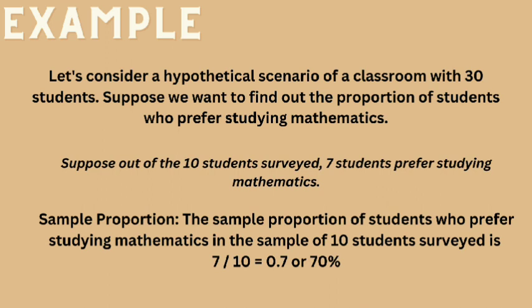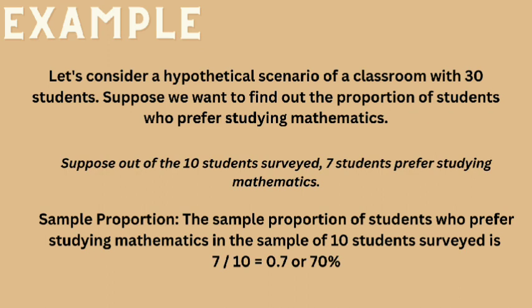For the sample, the scenario is similar in this other example. Suppose out of 10 students surveyed, 7 students prefer studying mathematics. We all know that a sample is a subset of the population that is studied to draw conclusions about the entire population.